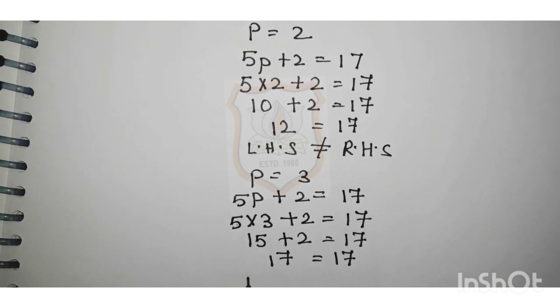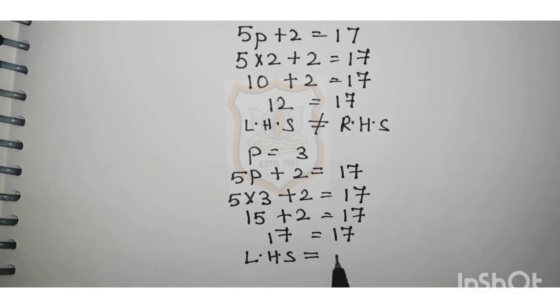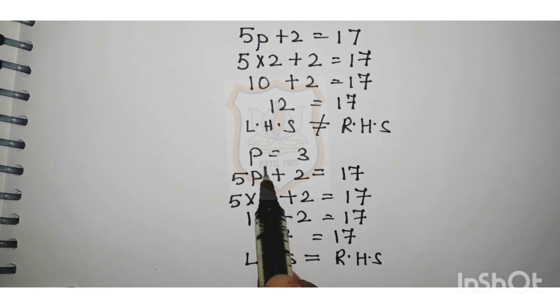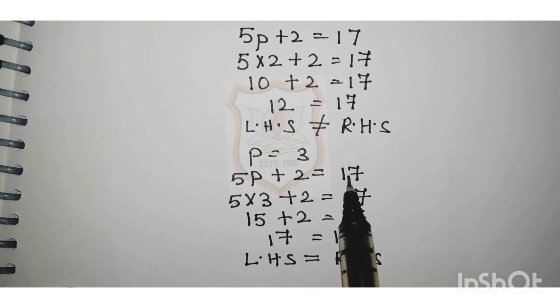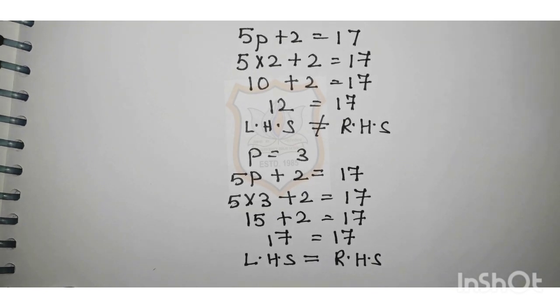So I can say that LHS is equal to RHS. So the value of p is equal to 3 is right. So in this way, we can find the right answer by hit and trial method.